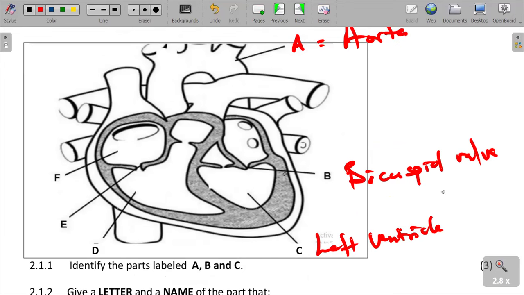As you can see, it is the tricuspid valve, which locks and prevents the backflow of blood from the right ventricle into the right atrium. It is E.